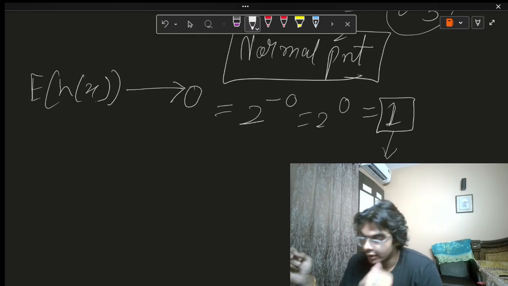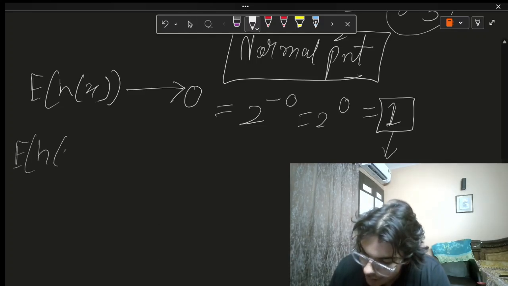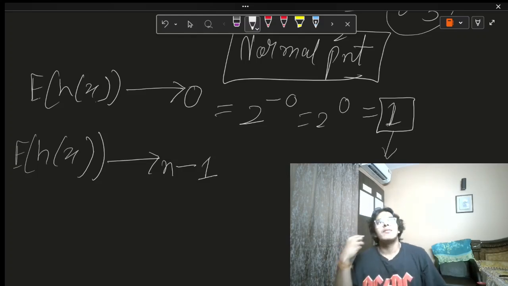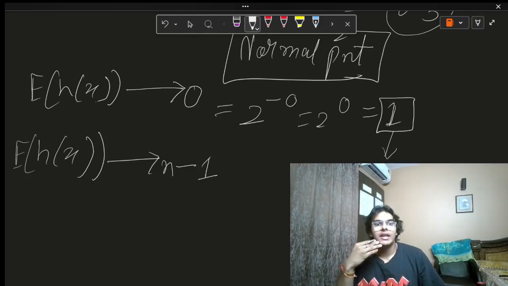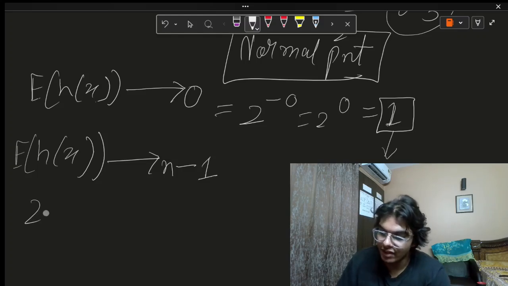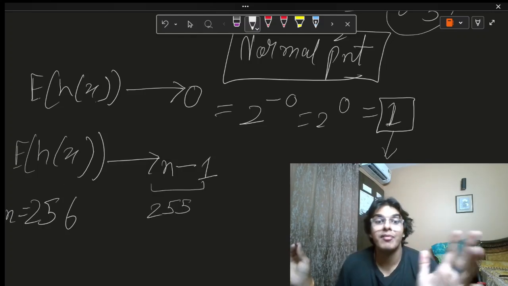Okay. Now the third extreme case, very simple. If our expected path length points to a very large value like n minus 1. Okay, so n minus 1 here means that we have got n samples used to make the tree, and our path length is n minus 1, which is huge. It means that our root node has almost traveled to the end of the tree. So if there are 256 samples that we are using to make the tree, if n is 256, then we are saying that if our expected path length comes out to be 255, it is a massive path length.